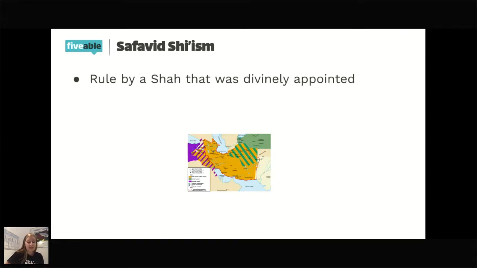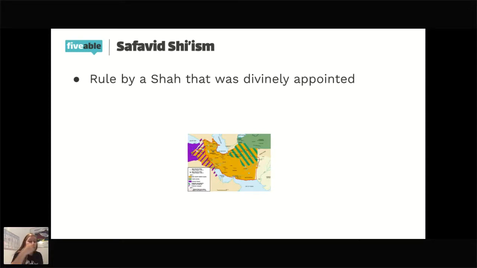This area of the world is going to be different than our other two gunpowder empires, which also rule over these areas of the Middle East and Southwest Asia, because the Safavids were Shia Muslim. And the Shia Muslims are going to be at odds during this time period with their Sunni neighbors.